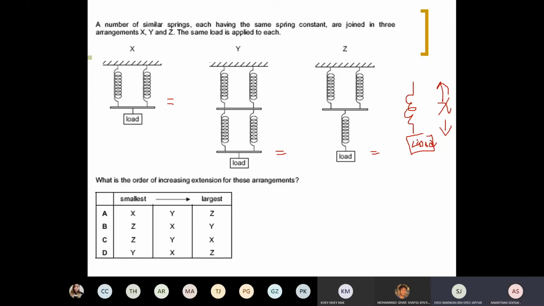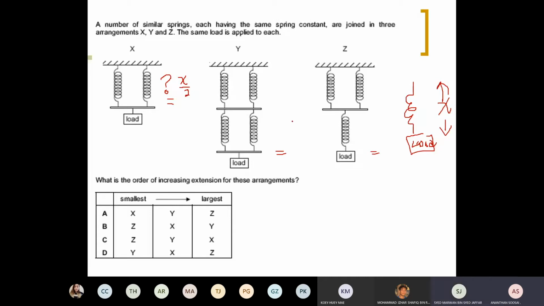One spring with a load, x. Two springs in parallel with a load will be how many x? Will it extend more or less than x? Less than x. So how many x? Half, yes, good. x over 2.